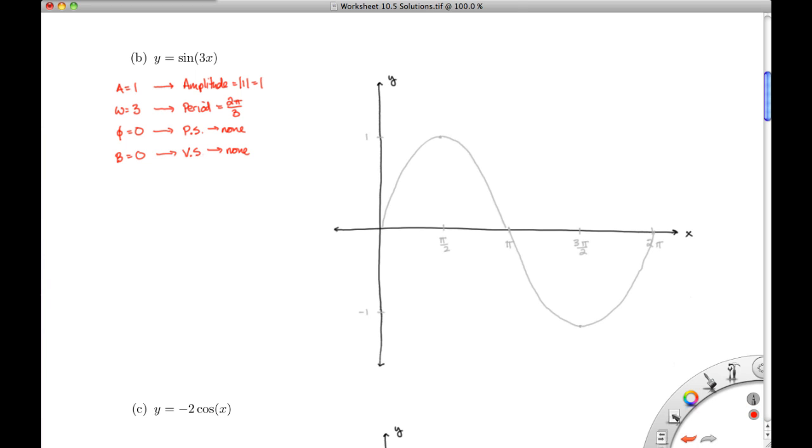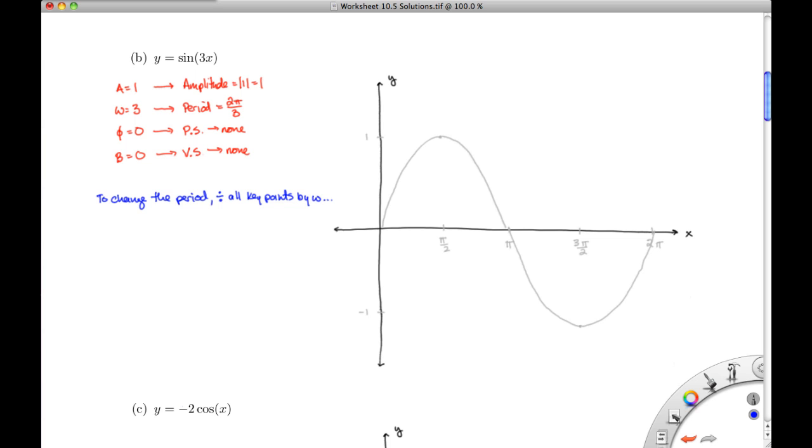So to change the period, this is one way we could do it: we're going to divide all key points by omega.